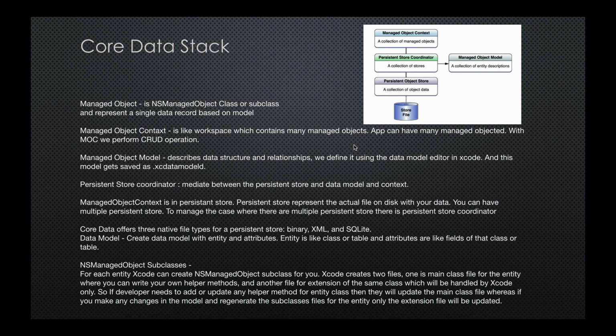And managed object context is a workspace, it's a collection of managed objects, and one managed object refers to a single data record in our model. Okay, and then it is connected with the persistent store coordinator, and the persistent store coordinator is connected with the managed object model. So let's talk about managed object model first.